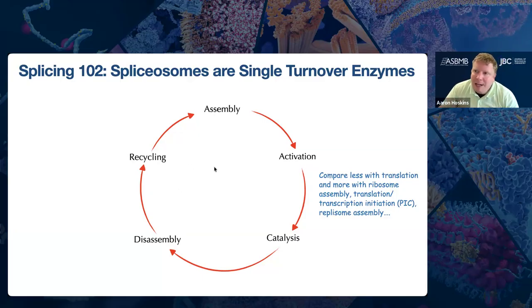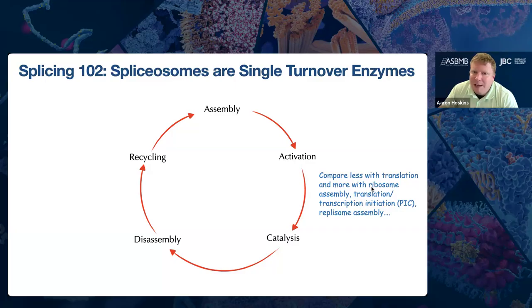And so that means every time you want to remove an intron, you have to go through a complicated process of assembly of the spliceosome, activation, which is formation of the spliceosome active site, catalysis, disassembly, and recycling of the components. In terms of thinking about how this machine works, sometimes people compare it to the ribosome in translation, and I don't think that's quite the right comparison.